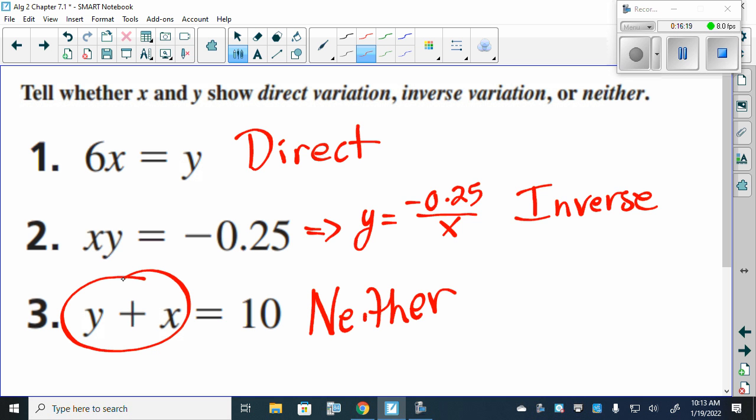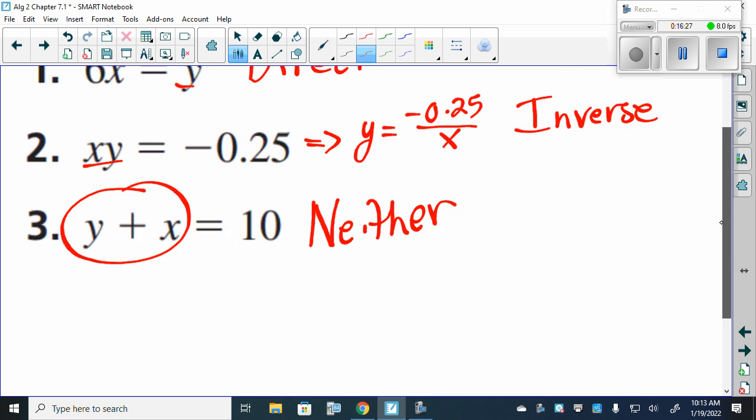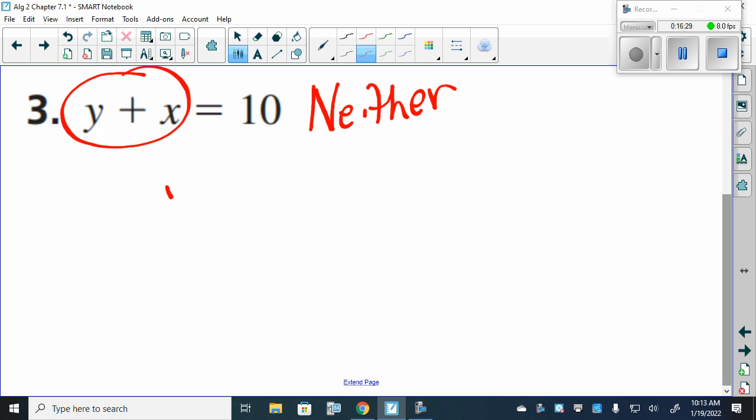Now, when I say that, we need to make sure that the variables are either being multiplied or divided. Because this one here, it's not on your note sheet, but would this one here be inverse, direct, or neither?